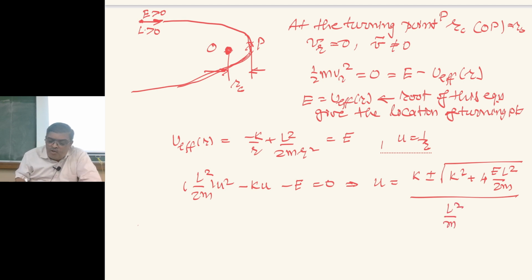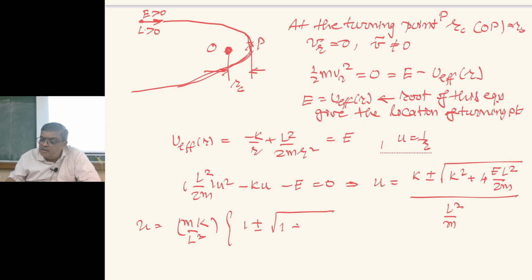So I can write u is equal to m times k divided by L squared, and I've taken the k common here. I get 1 plus minus square root of 1 plus, this 2 cancels with the 4 here. I'll get a 2 here. So I'm going to get twice E times L squared by m into k squared.